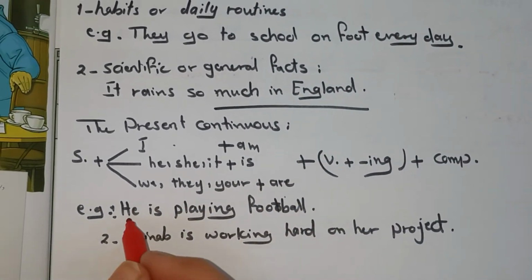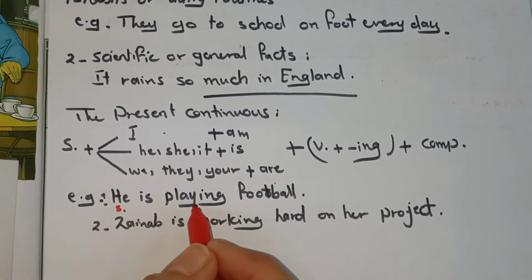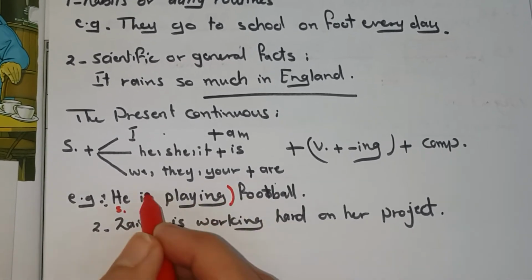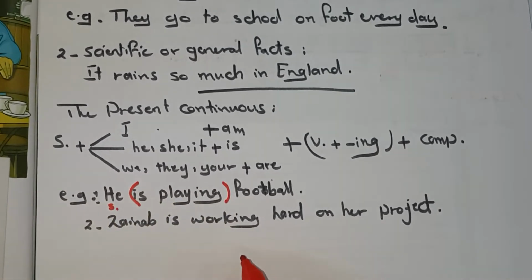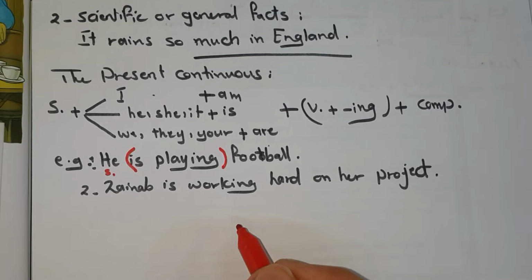So this is the subject, and this is the auxiliary is, and a verb with ing. Both of them are constructing the tense, which is the present continuous tense.